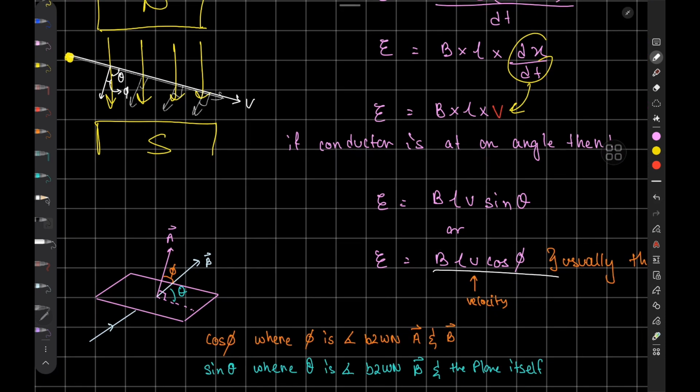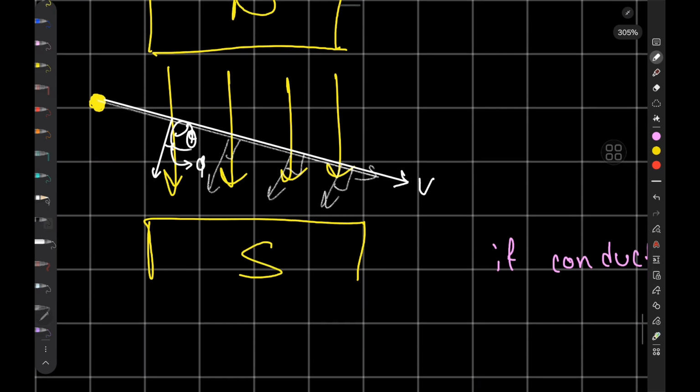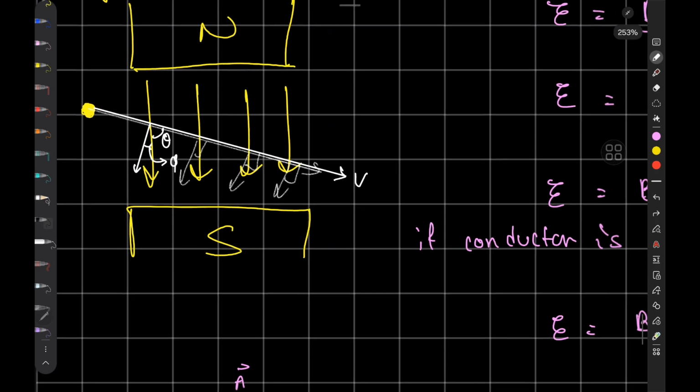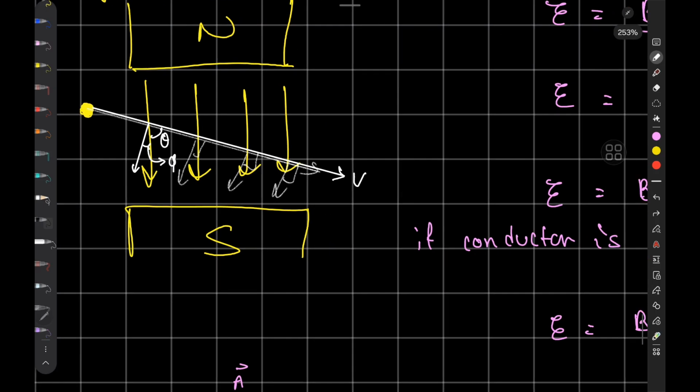Okay, BLV cos phi. Now if the theta given to you is this, then you don't do cos theta, you do sine theta, because you want the perpendicular component of the magnetic field. So when you're taking this phi, you just do cos of that phi, and you get this component.